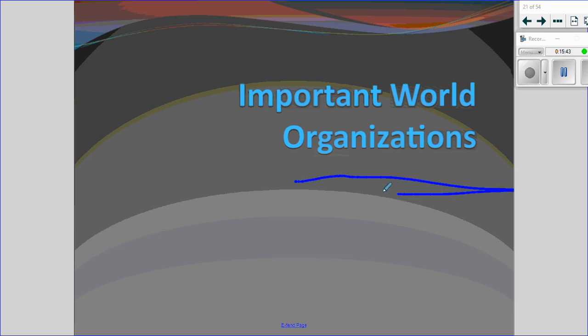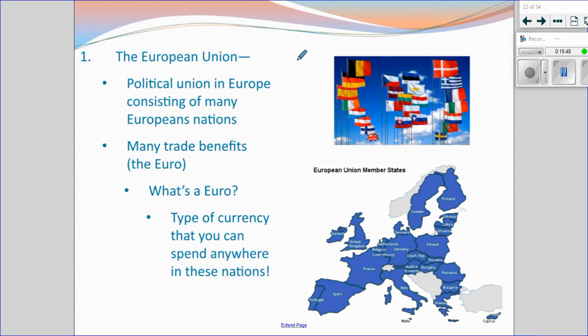Let's look at important world organizations. So you've got the European Union. The EU is a political union in Europe consisting of many nations. And what they did was they formed this political union and then eased their border restrictions to facilitate trade between European states. So basically, if you own a trucking company in Spain, it's easier for you to ship your goods to Poland.